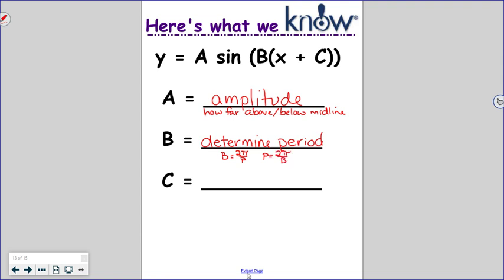It doesn't matter which one you have to get the other one, 2 pi divided by. C does have a mathematical name that we just learned, phase shift. And it was how far right or left we moved our graph, and really to us that really meant our first dot, right?